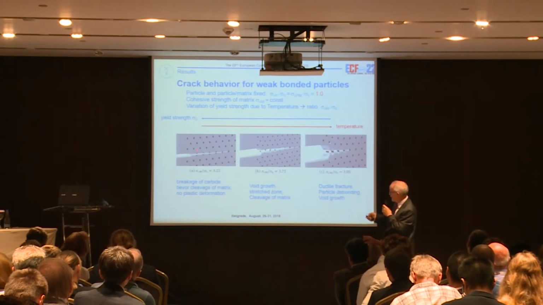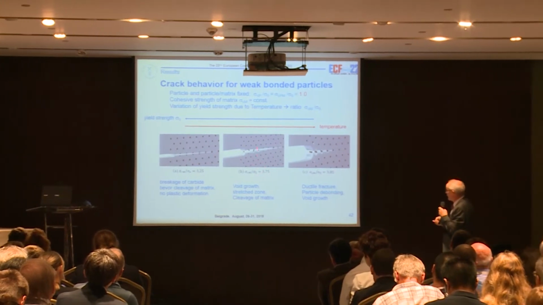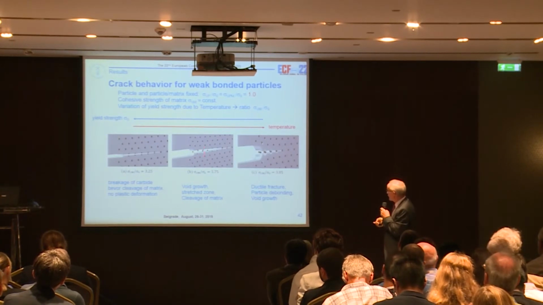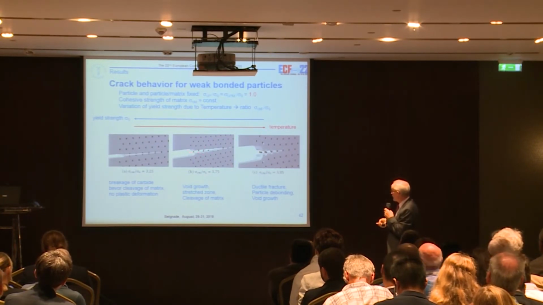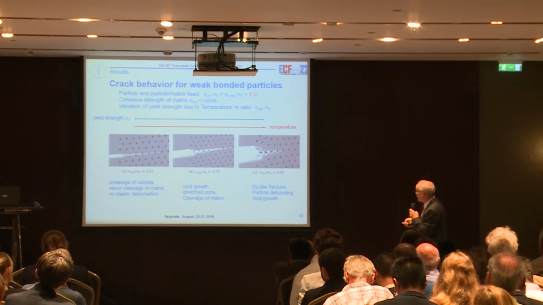And they are split. Or in the middle range, we have a little bit of void growth, and a stretch zone is formed, and the debonding of the particles from the matrix.